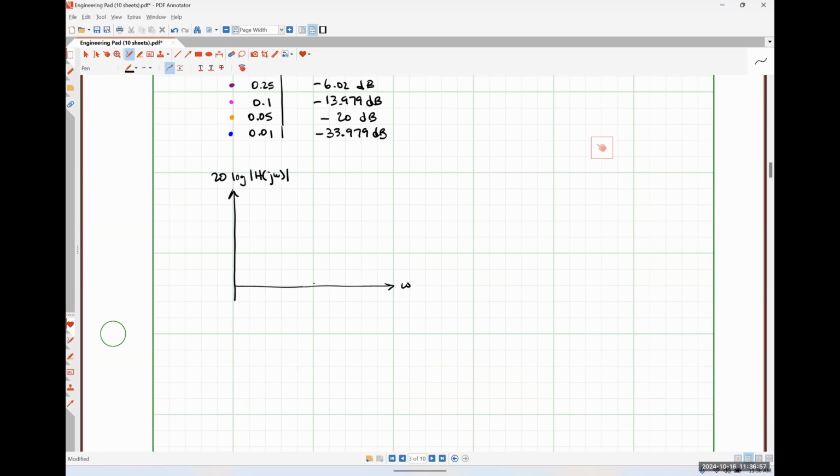Here is omega. So let's put omega naught here in the center, and then this will be 0.1 omega naught. This will be 0.01 omega naught, 10 omega naught, and 100 omega naught.